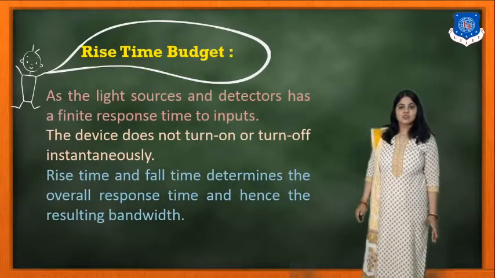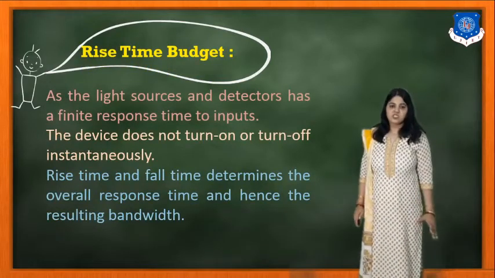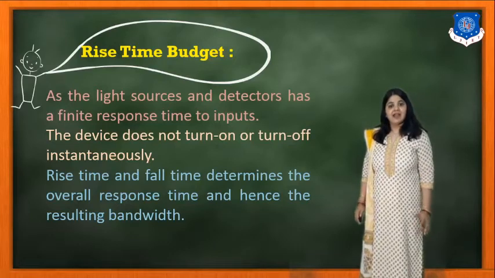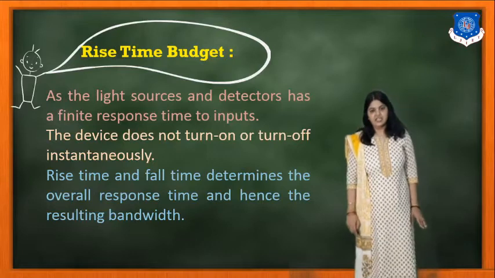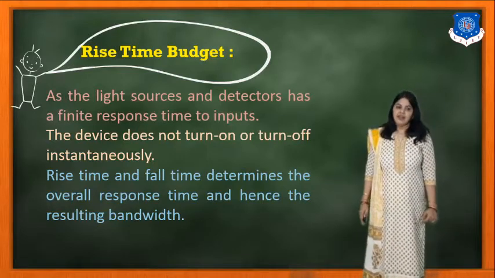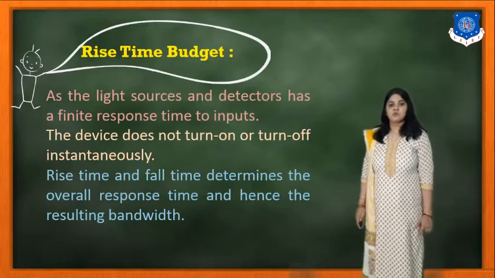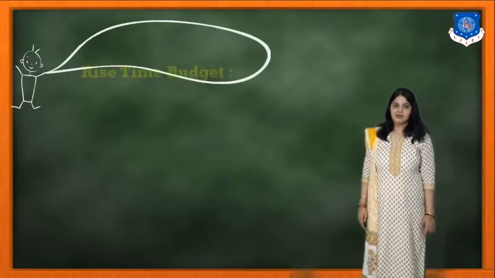As the light sources and detectors have a finite response to the input, the device does not turn on or turn off instantaneously. Rise time and fall time determine the overall response time and hence the resulting bandwidth.